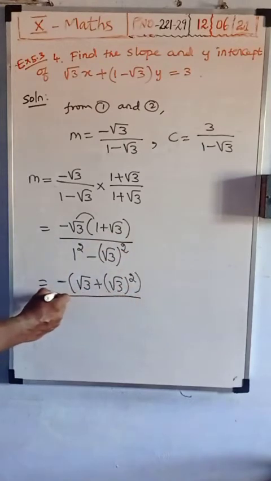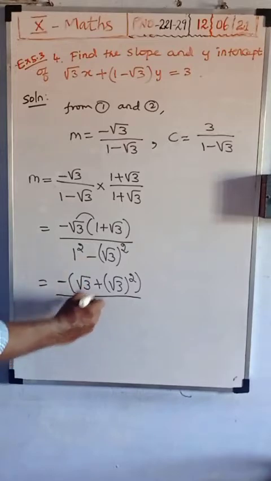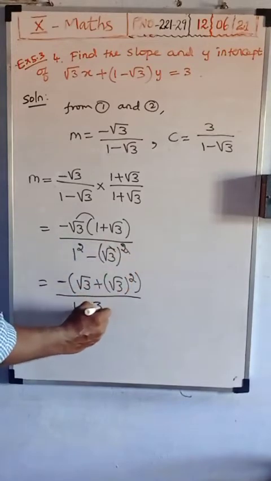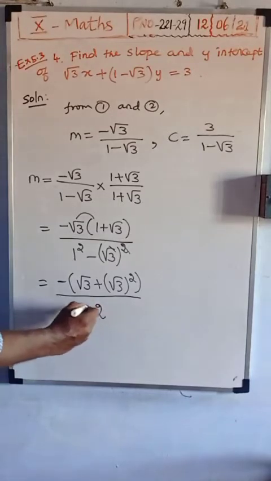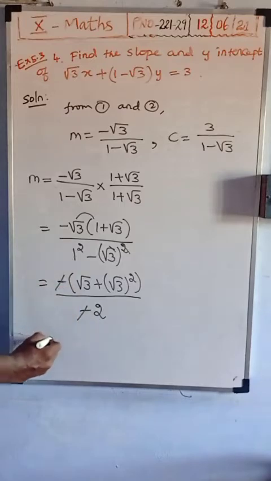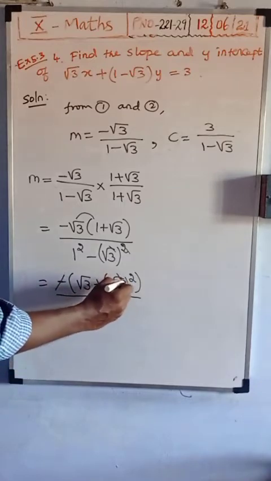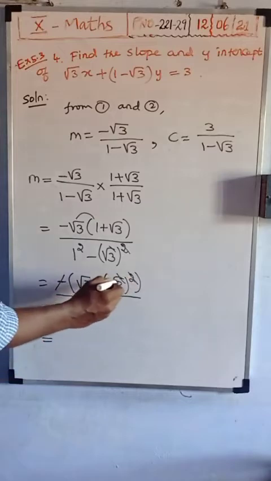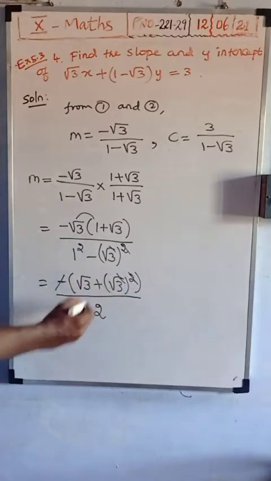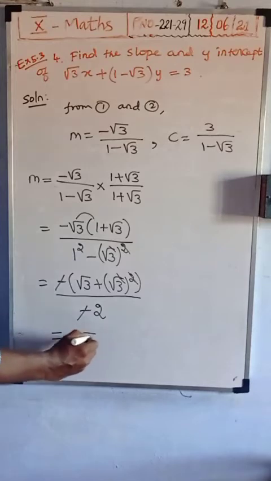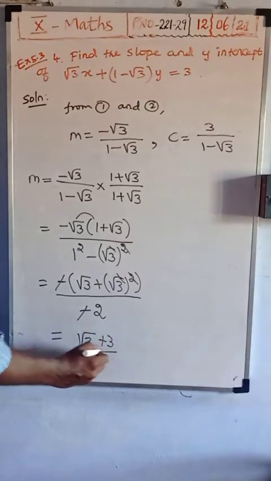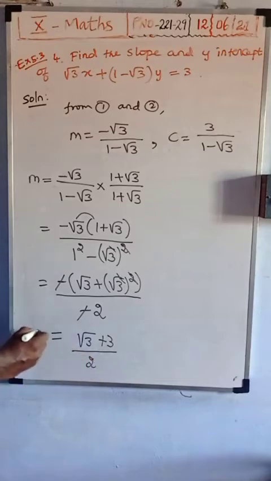Whole divided by 1 squared minus this squared, and the square and square root get cancelled, 3. Then you will get the denominator as minus 2. Now this minus will get cancelled. So remaining we will get root 3 plus 3 divided by 2. This is called the slope. Okay, m we received.